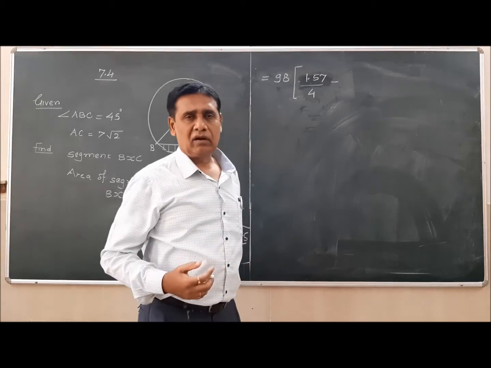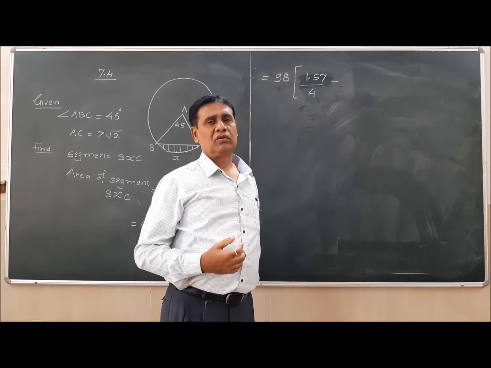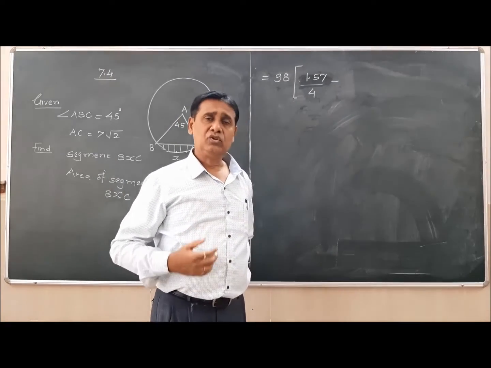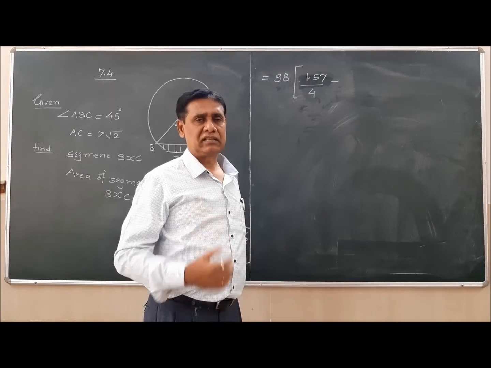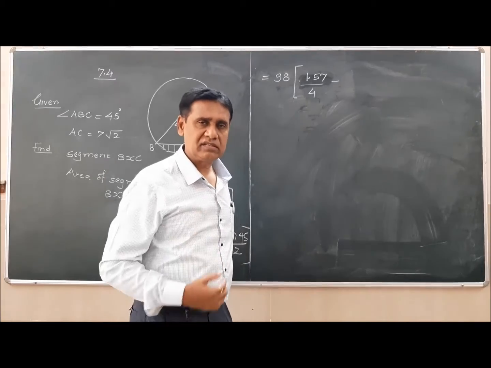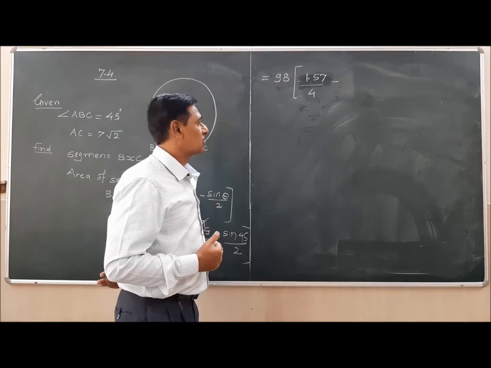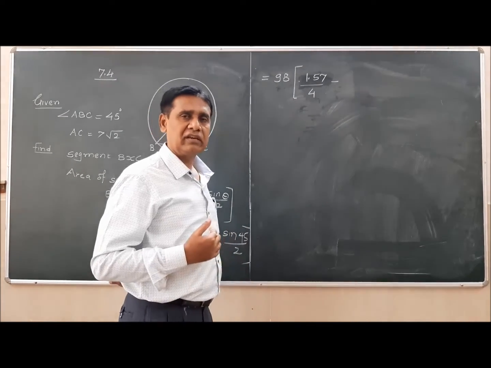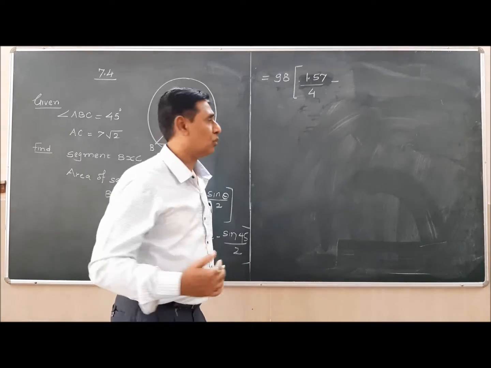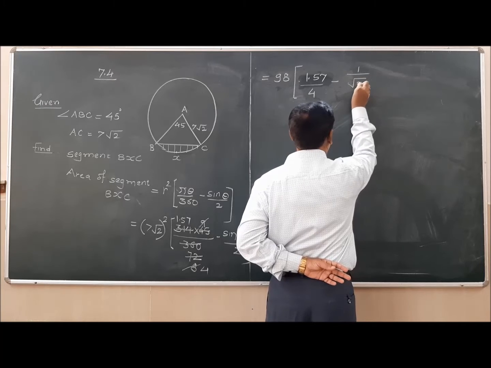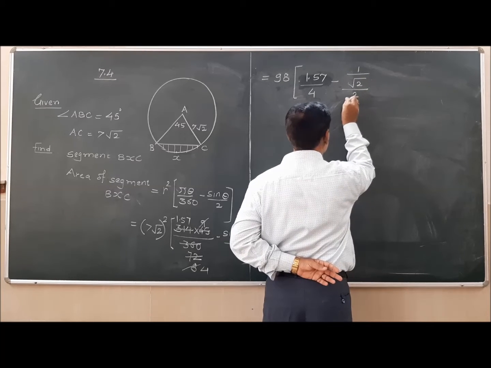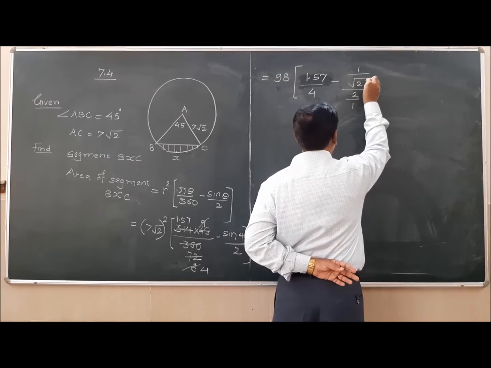At the beginning of the chapter, I told you, while using this formula, you must know the values of all sine angles, that is sin 30, sin 45, sin 60 as well as sin 90. Since you all know, the value of sin 45 is 1 upon √2. So 1 upon √2 for sin 45, upon 2. 2 is nothing but 2 upon 1.